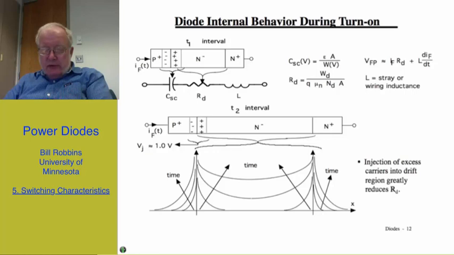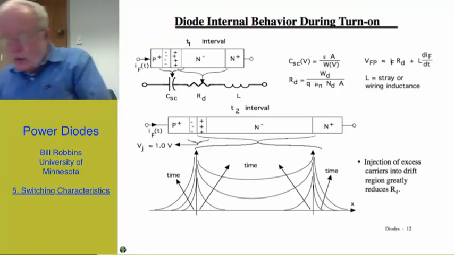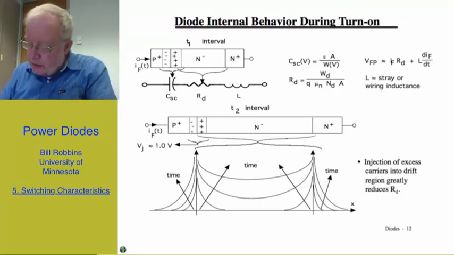During the T2 interval, the current through the device is now constant. Any contribution to the diode voltage from the inductance is now gone, and the resistance is beginning to decrease because we are filling up the drift region with excess carriers. And I'm showing in a qualitative manner the growth of the excess carriers as a function of time.